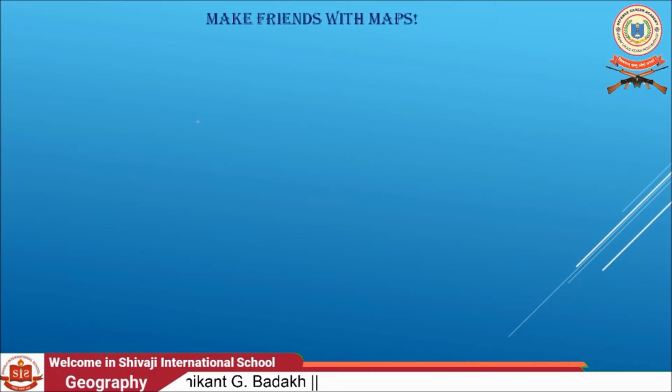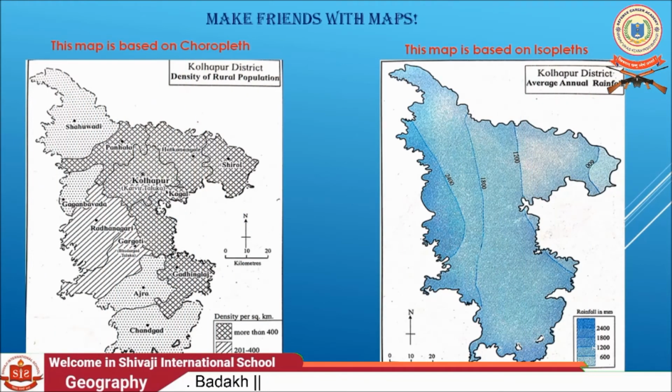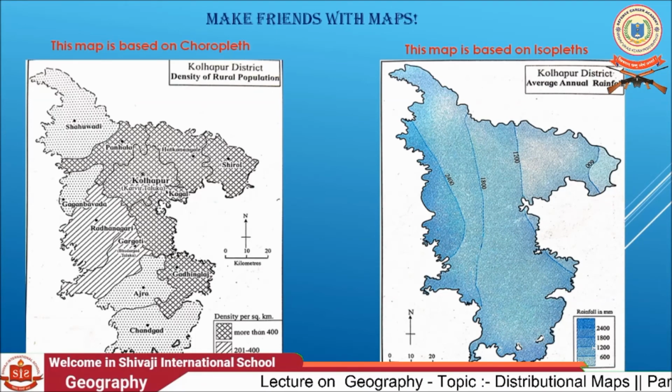Make friends with maps. See students, here is a map based on the choropleth method, and another one is based on the isopleth method. We will discuss the Kolhapur district density of rural population.